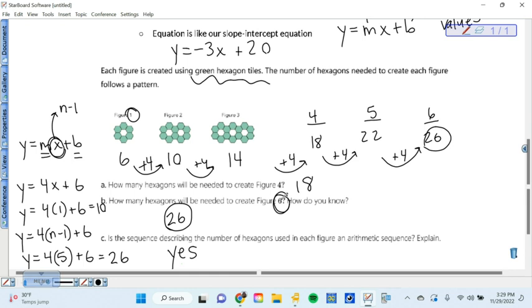That's it. There is a common difference. Good. Okay, any questions on that?